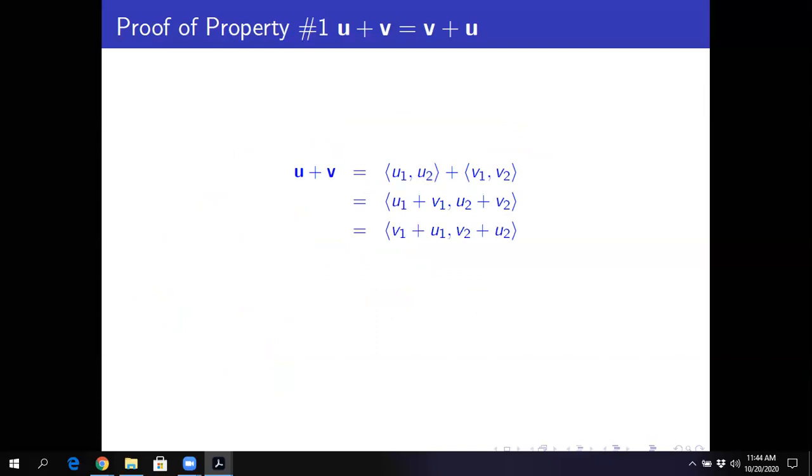That's the same thing as v1 plus u1, v2 plus u2, and then I can break them up and just have v1, v2 plus u1, u2, which of course is just v plus u. So as you can see, you can walk your way through these properties if you were so inclined. I just wanted to show you that. That's how you would verify property number 1.